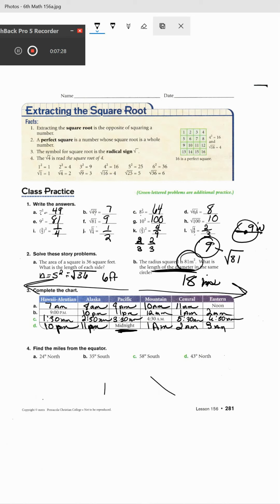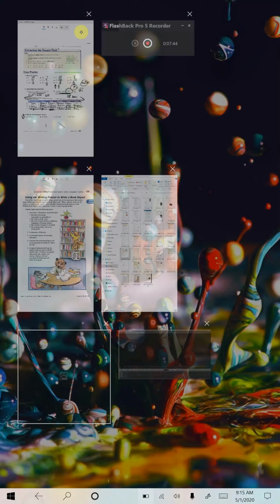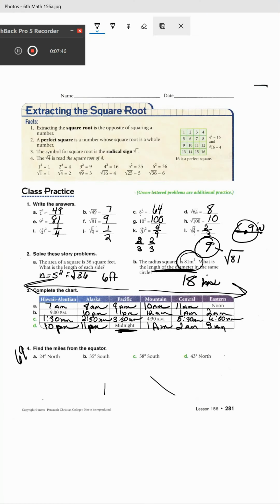All right, so find the miles from the equator. Remember, we're using 69 as our averaged miles between each line of latitude. So we'll just do one of these together. My kids, let's just do this one and this will be enough.